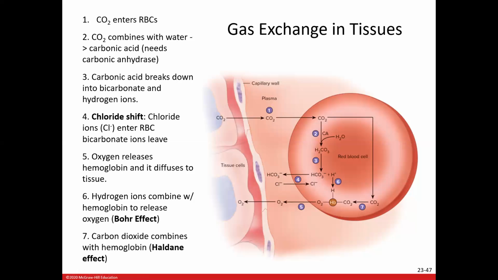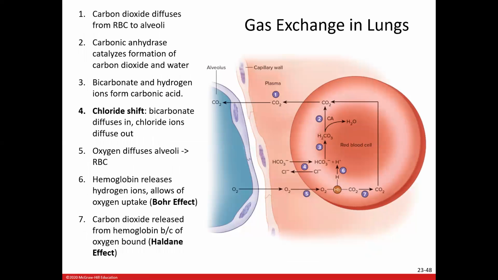So those are all the steps associated with gas exchange in the tissues. And we do the exact same thing, but in reverse, for gas exchange in the lungs. Again, this is not necessarily saying that all these steps occur in the exact order. Some things can occur at the same time.